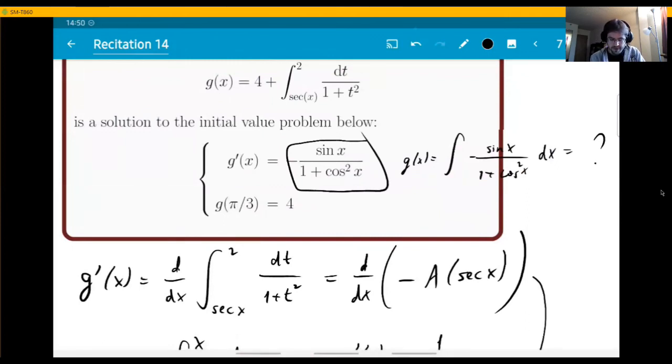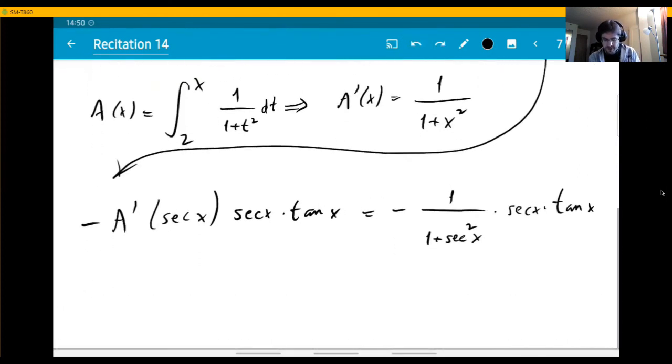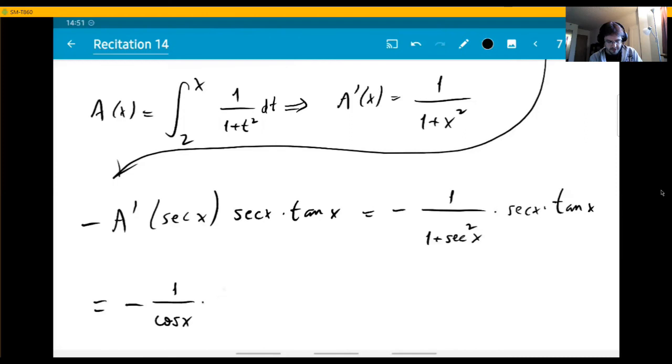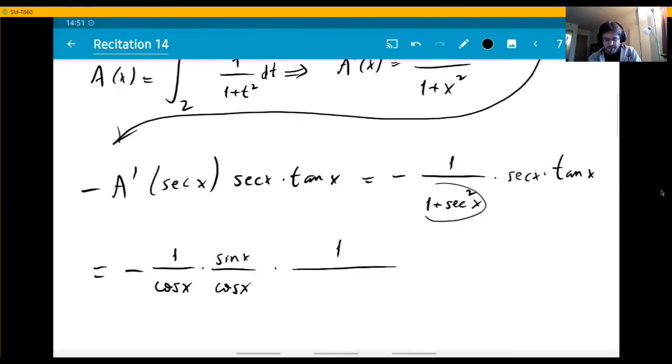It's because this is given in terms of sines and cosines. So what we have to do now is just simplify this trig expression and see that it becomes sines and cosines exactly what you want. So the secant times tangent is the same as 1 over cosine times sine over cosine. And here 1 over 1 plus secant squared. That's 1 plus 1 over cosine squared. After you add those two fractions, you get this.